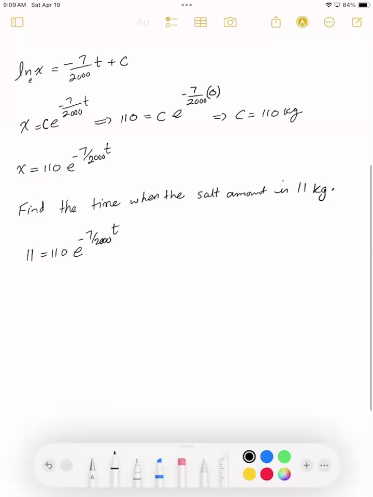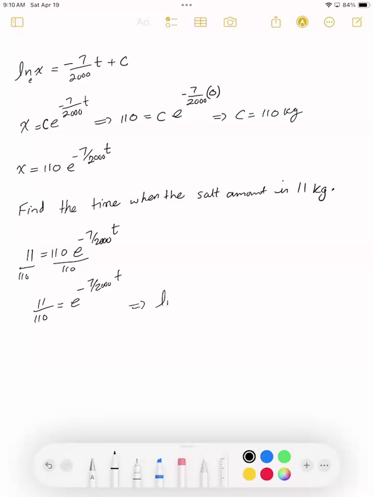We are going to divide both sides by 110. Then I'm going to find the natural log of both sides.